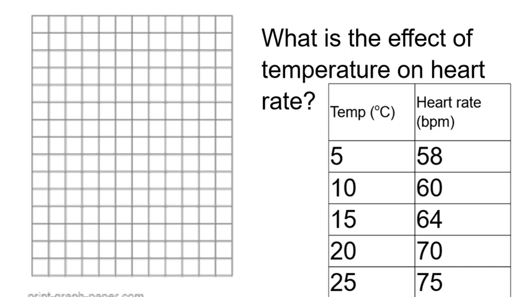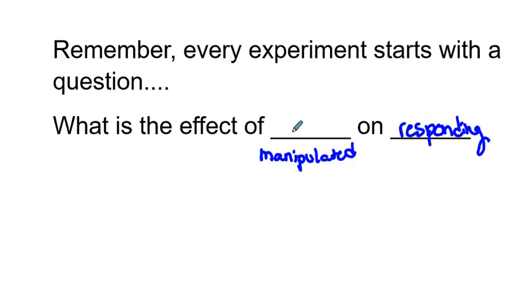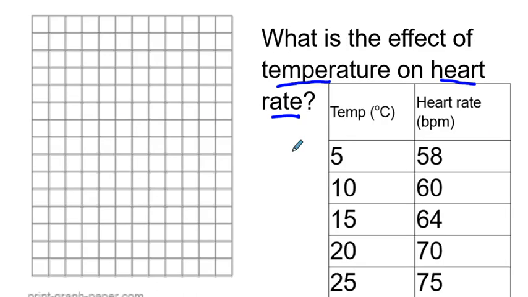So let's take a look at an example. What is the effect of temperature on heart rate? So in this experiment, I want to see if temperature affects the human heart rate. So remember, what is the effect of manipulated on responding? So my manipulated variable then is going to be various temperatures.